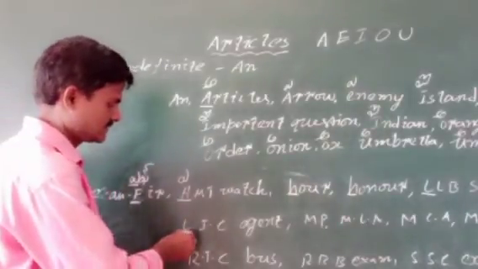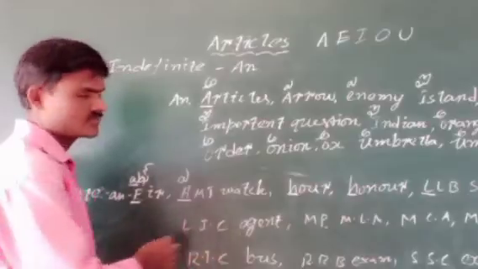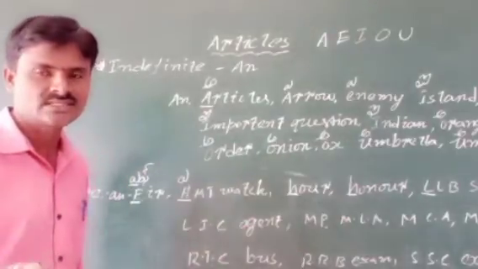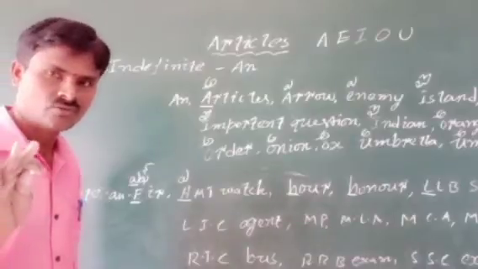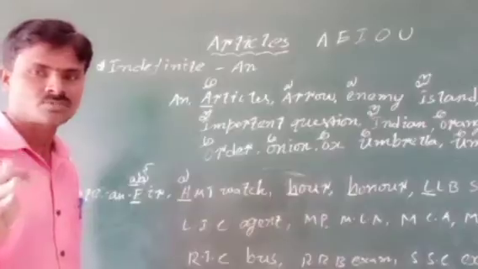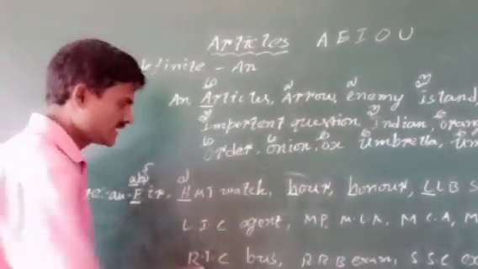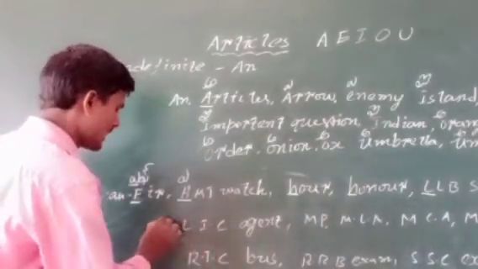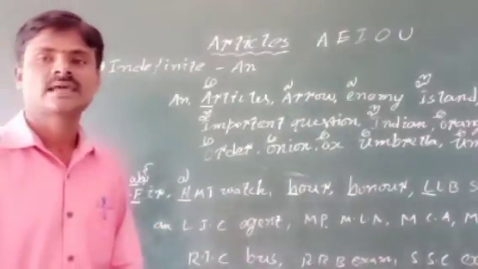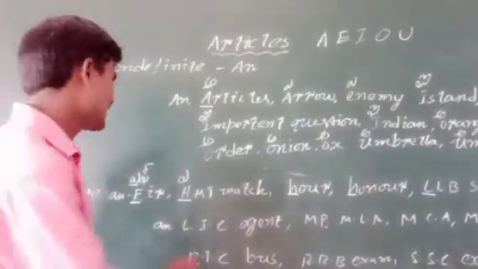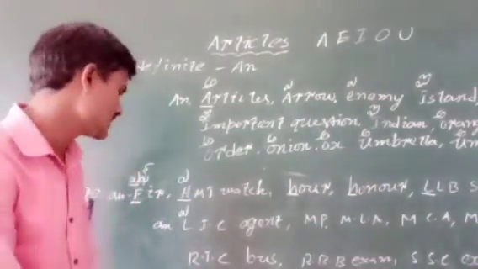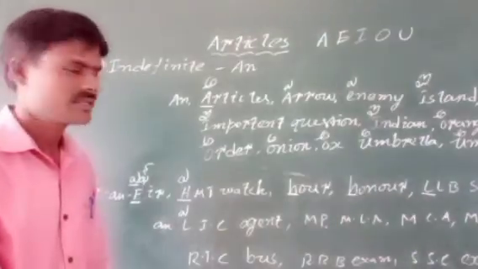LIC, Life Insurance Corporation of India. If there is no agent, you have to use "the" LIC. If there is an agent, you have to use "an" LIC agent. He is an LIC agent. L has an A sound, so we have to use here an LIC agent.